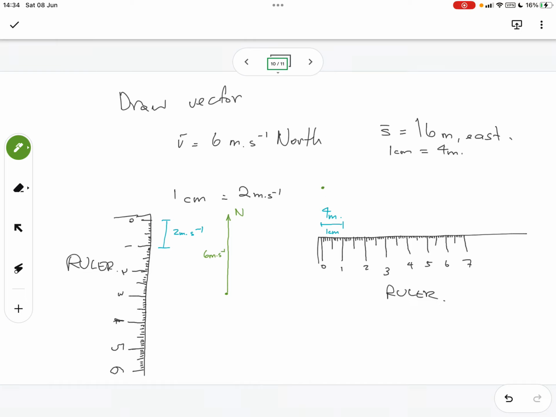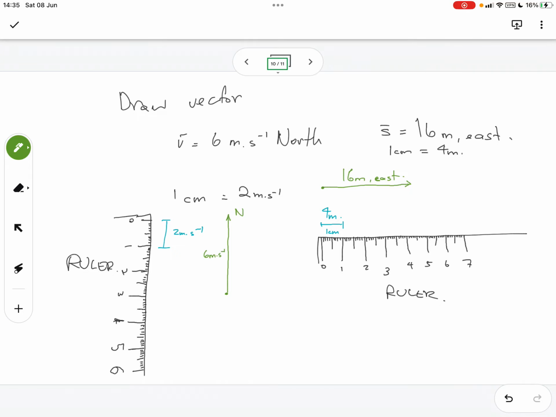I agree, we did it for this one here. Yeah, velocity. So we do the same type of action. We start at 0. We have to count 16 meters using the scale where 1 centimeter is 4 meters. So how many centimeters must we count to get to 16 meters?